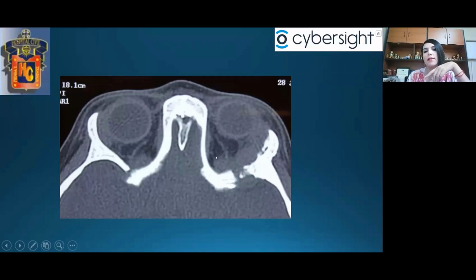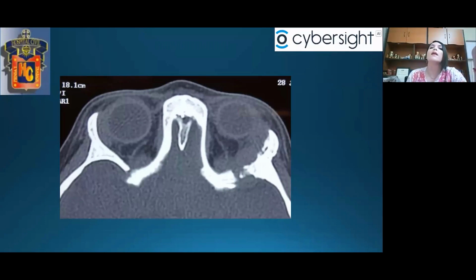Our mass is not a well-limited bordered mass. So we have here a few points that suggest maybe it's a malignant mass, and we must be very fast with the surgery to make the diagnosis and treatment.